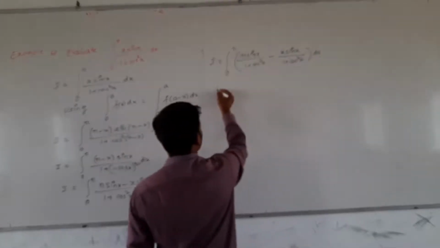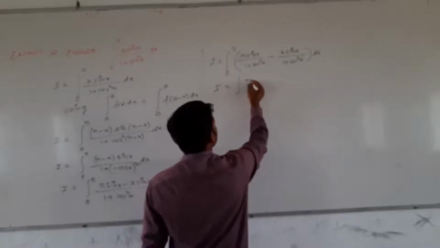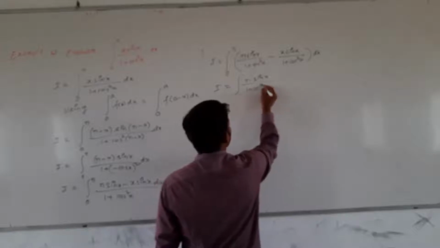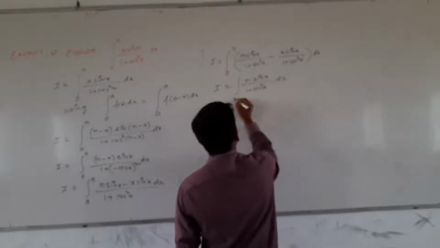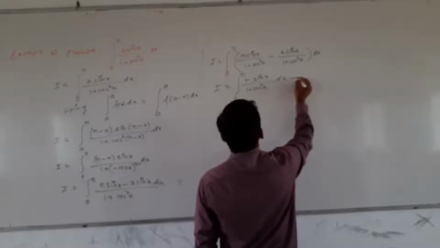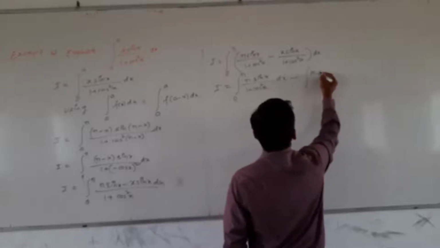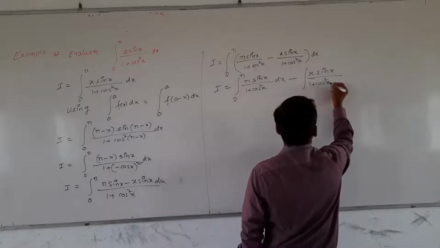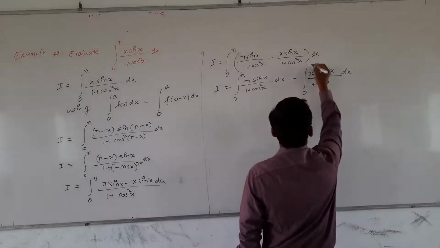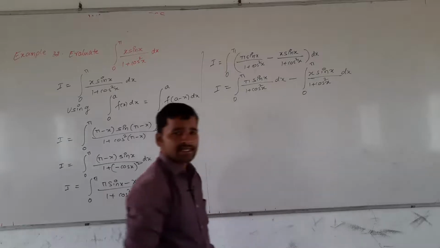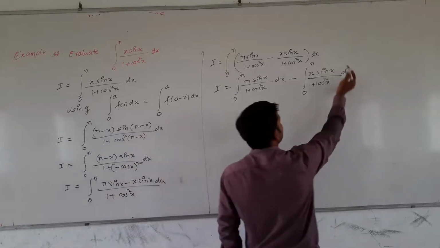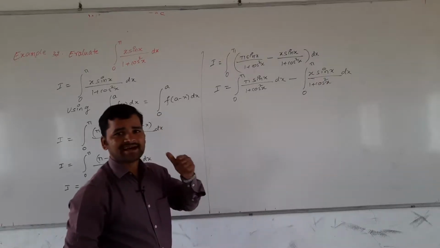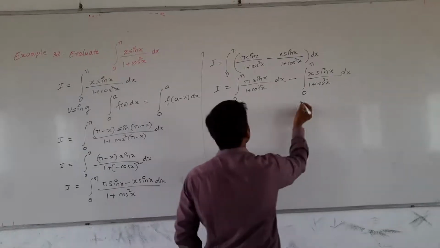Now let me write the sum of two integrals: integration of pi sin x by 1 plus cos square x into dx from 0 to pi, and second one is minus the integral of x into sin x by 1 plus cos square x into dx from 0 to pi. See, the second integral is nothing but the given integral I.